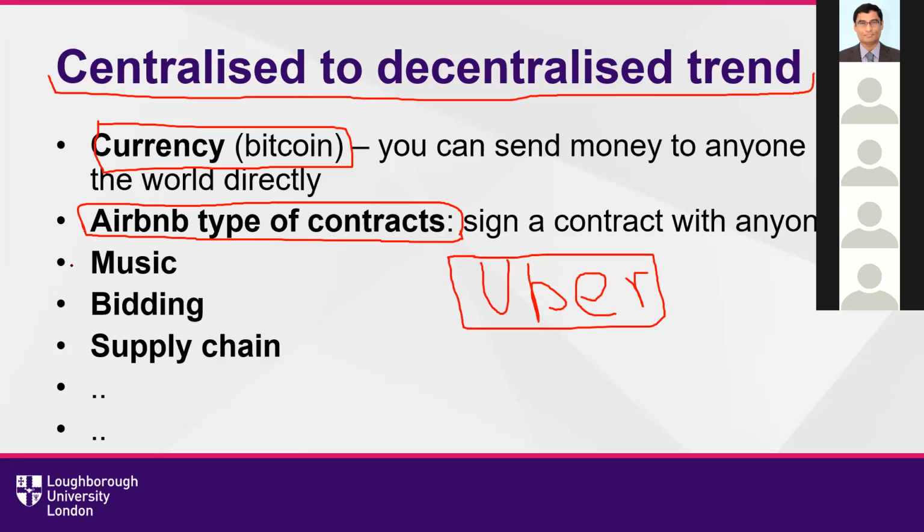The music industry. If you are an artist, you can put your music on YouTube or Apple Store, and all of them are centralized, right? So centralized looks pretty good, but it can be changed, because the age of the internet is probably around 20 to 30 years.